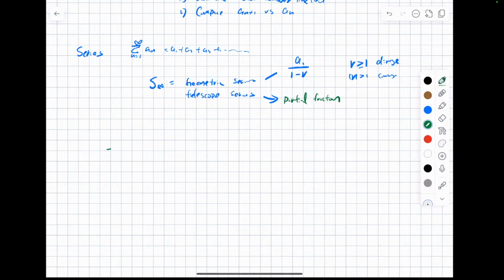The first test, I'm going to write in red, is usually the N-term divergence test. And this test only tests for divergence, it does not test for convergence.